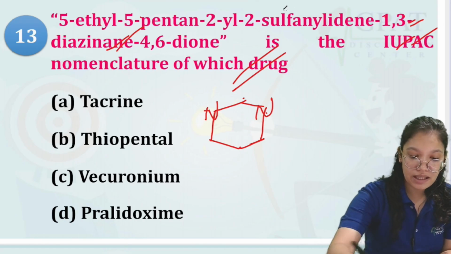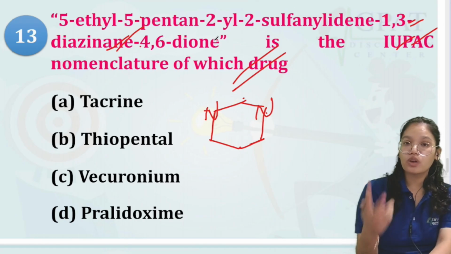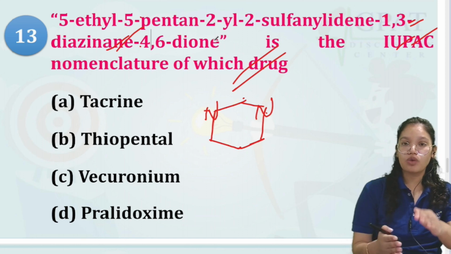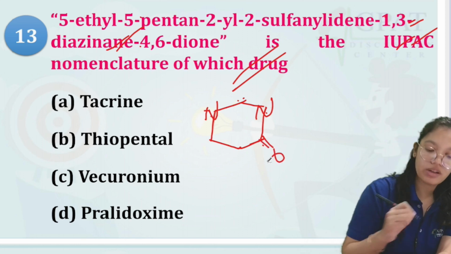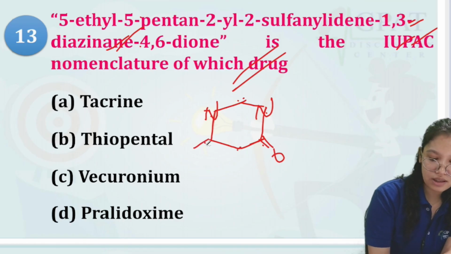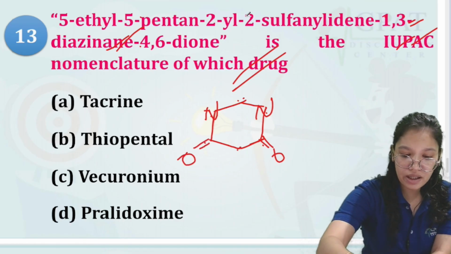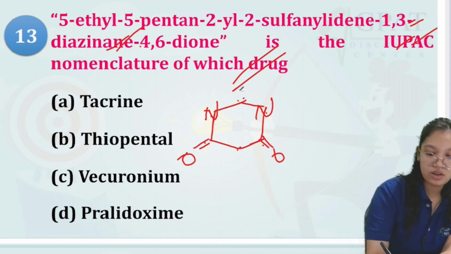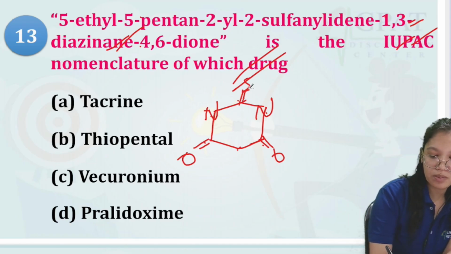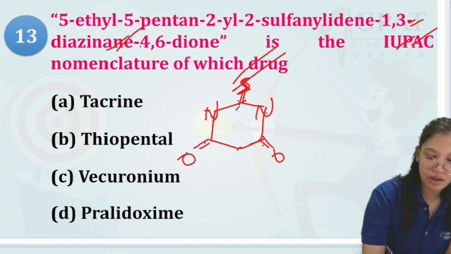Now it says at 4 and 6 it has dione, meaning 2 ketone groups are present at positions 4 and 6. 1, 2, 3, 4. So here we have a ketone. 5, 6. Here we have a ketone. Now at the second position it has sulfanylidene, so a double-bonded sulfur at the second position.